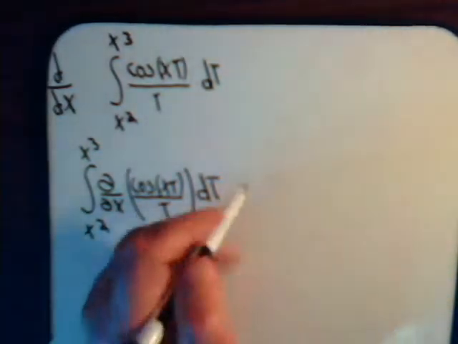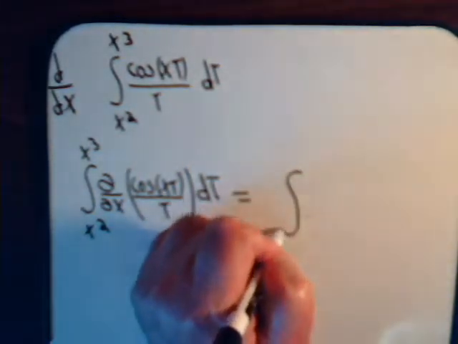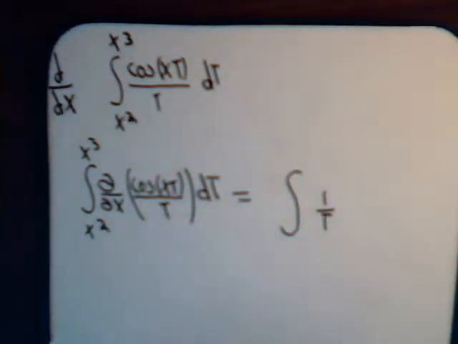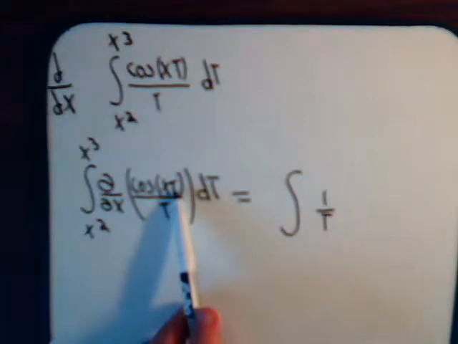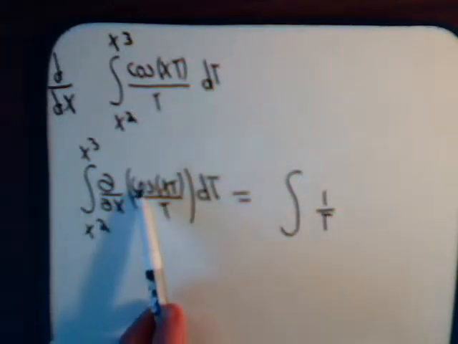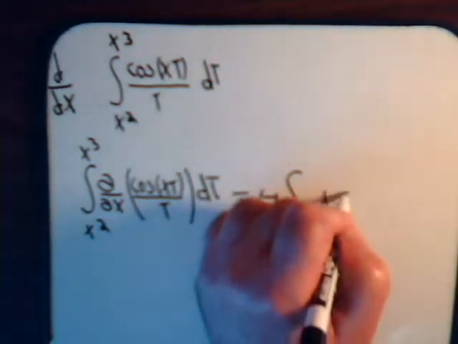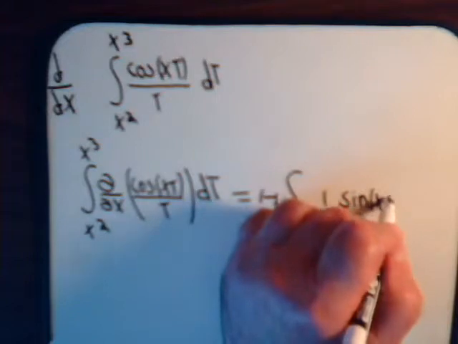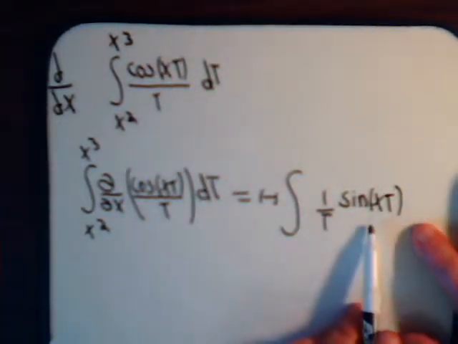So we're taking the partial of cosine of xt over t with respect to x, where this is just treated as a constant, so this would just be 1 over t. Then the derivative of the cosine of xt with respect to x, well, the derivative of the cosine is minus the sine of xt, then times the derivative of this with respect to x.